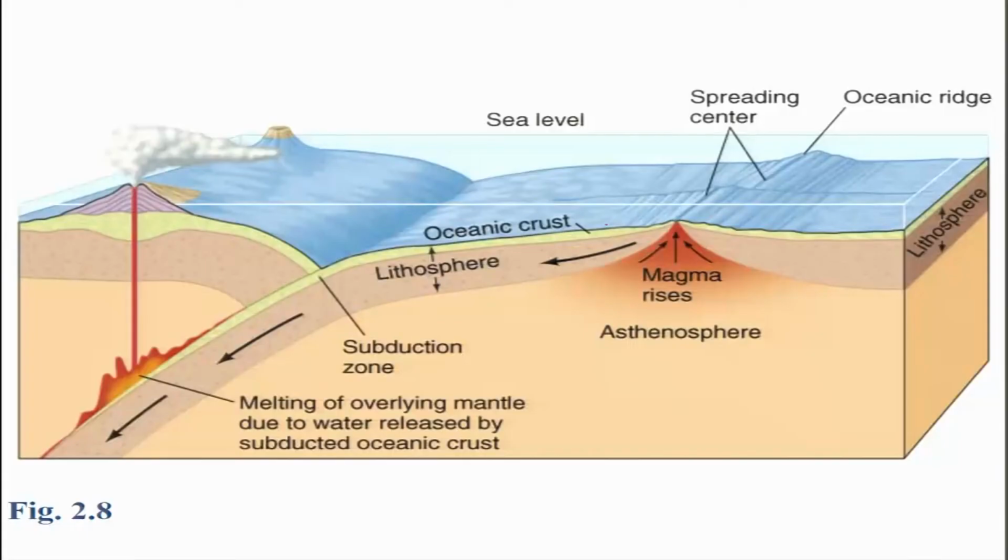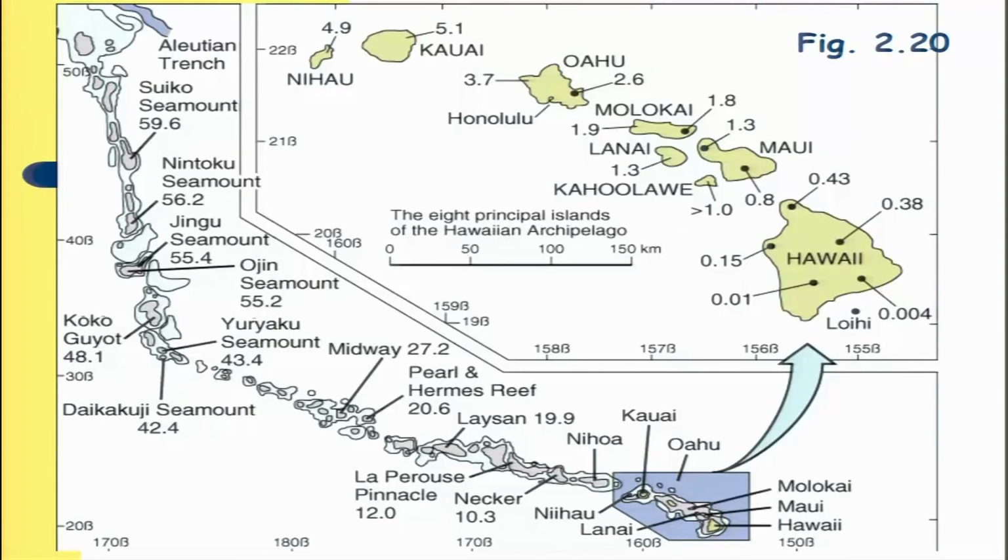So, if the plate is moving on top of that, then we will keep on having the volcanic eruption. Now, this example from Hawaii also helped us in understanding and accepting the hypothesis given in continental drift, that the plate moved from its original location.